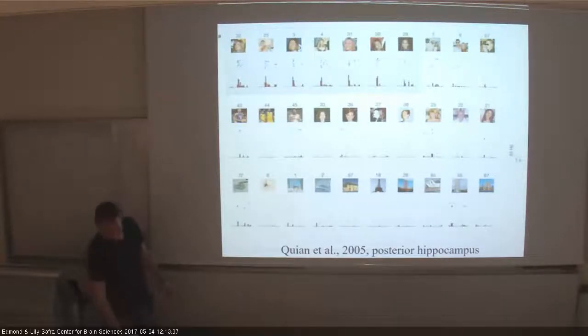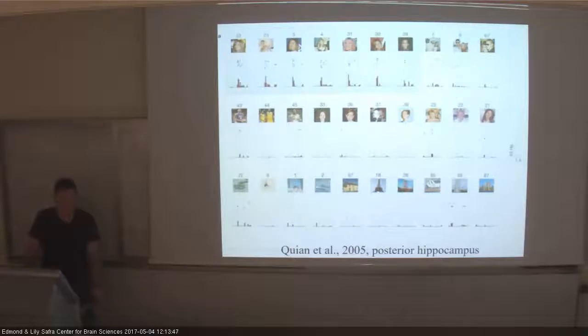Yes? He just picked a random neuron and happened to stumble upon the Jennifer Aniston one? That's a very good point. So, the location of the electrode, according to what the ethics committee should do, is done for the purpose of identifying the locus of the seizure.